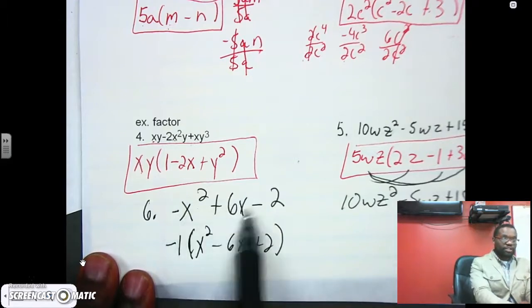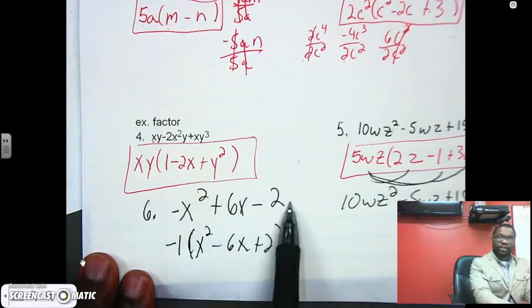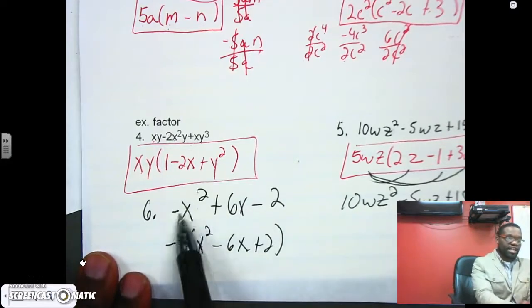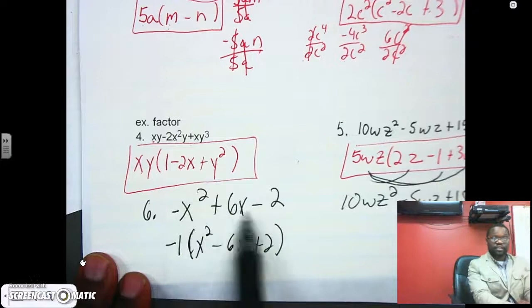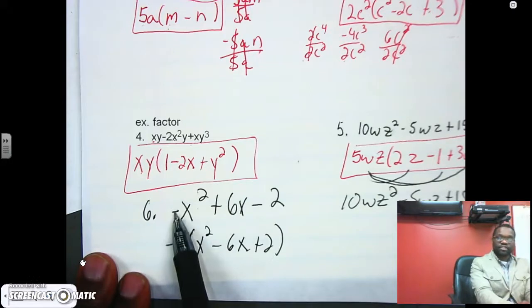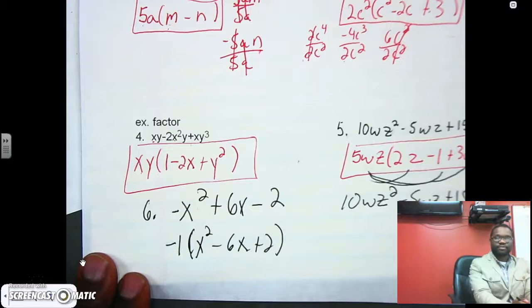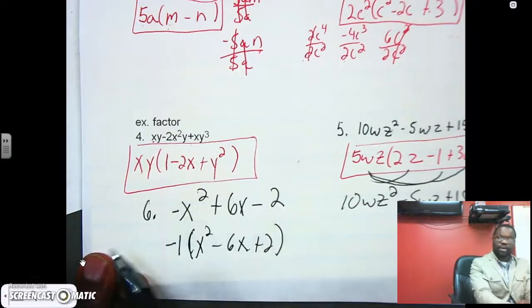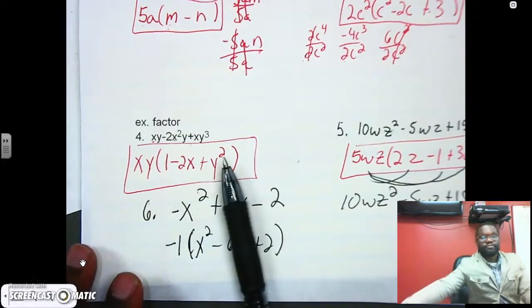But we will sometimes factor out a -1, okay? When do we do that? Whenever our leading coefficient is negative. And if there was something I could factor out, like a 2 or a 2x, that would have come out negative in this situation if our leading term was negative. Other than that, guys, we never factor out a 1, or we just couldn't factor that in the original problem I wrote down. All right, that's all I got.